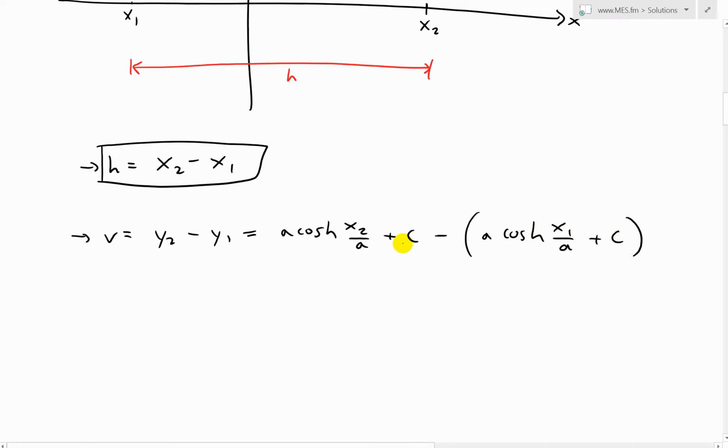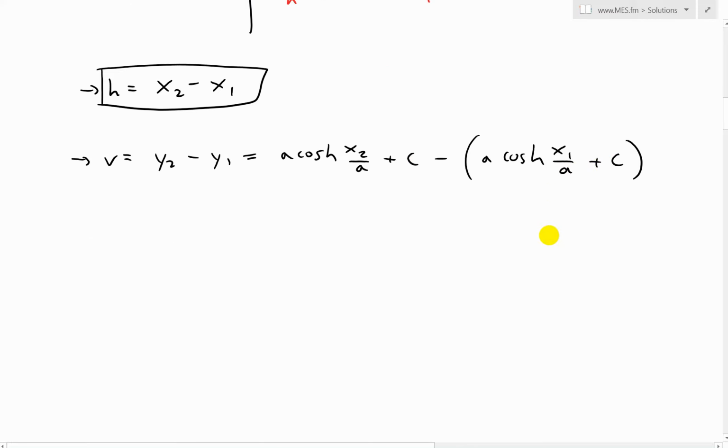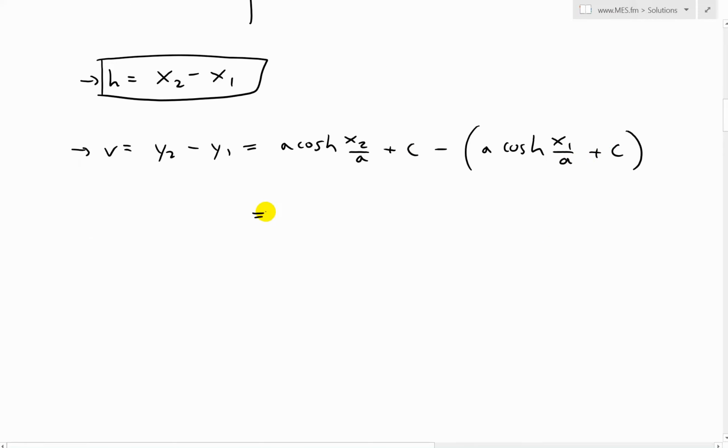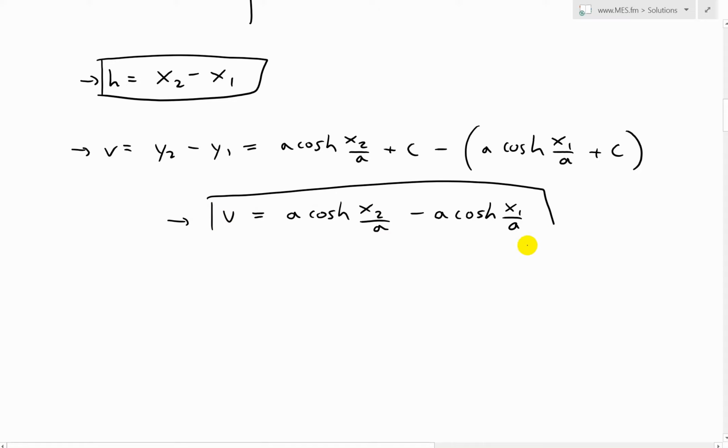And those constants just cancel. We have a minus 1 here, and what we're left with is v equals a cosh of x2 over a minus a cosh of x1 over a. So that is what v is equal to right there.